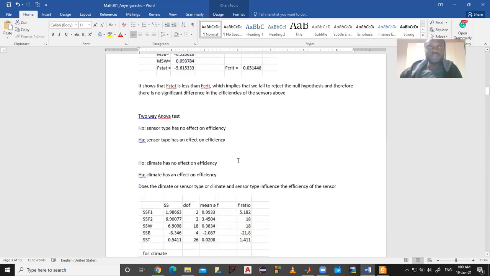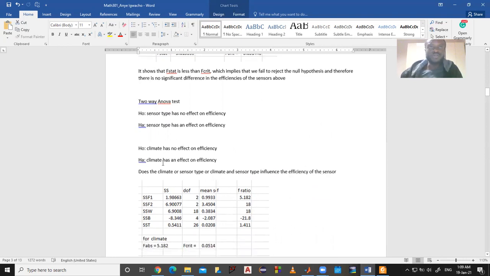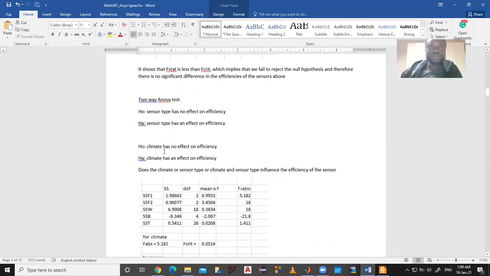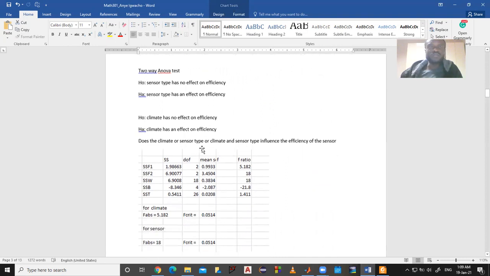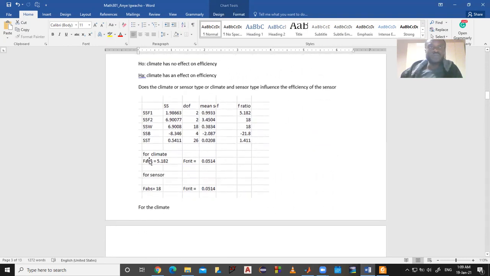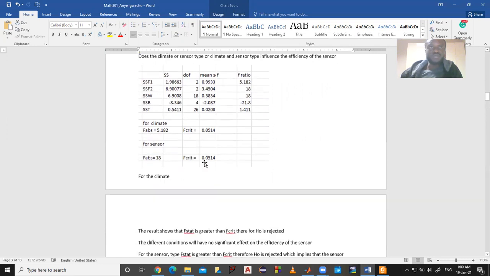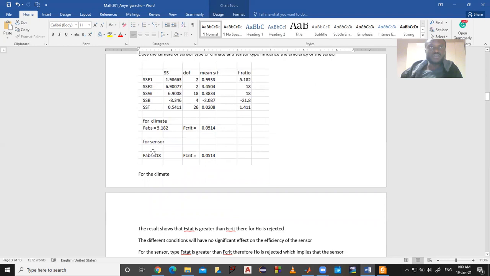A two-way ANOVA test was carried out, and we were looking at the effect of the sensor type on efficiency and the effect of the climate, the different climatic conditions or exposure to sunlight, on the efficiency. In the end, for the climate, the F stat was less than the F critical, and for the sensor, the F stat was more than the F critical.